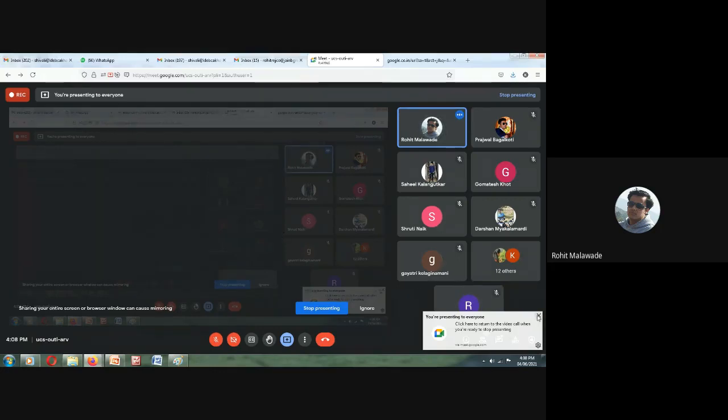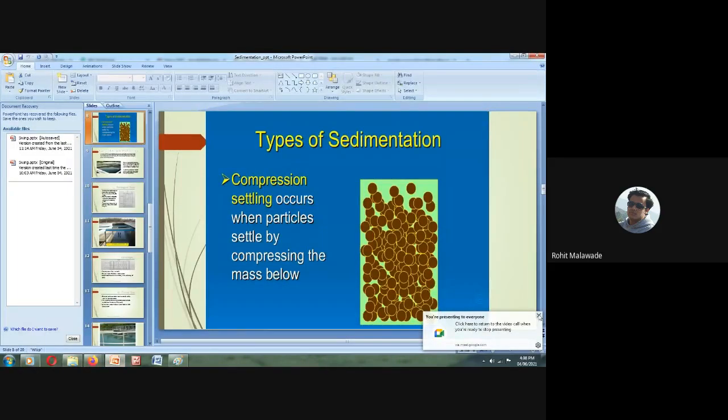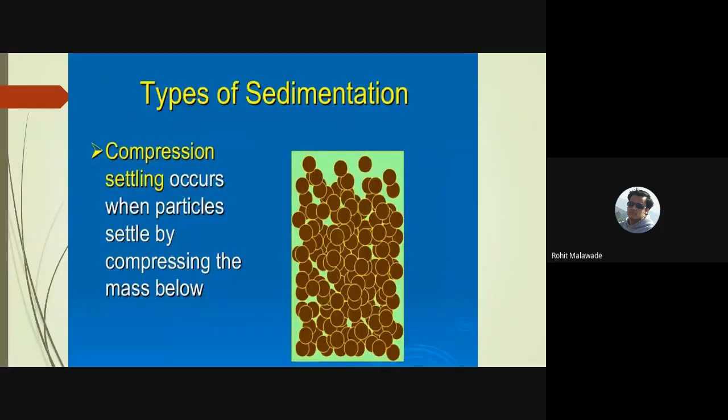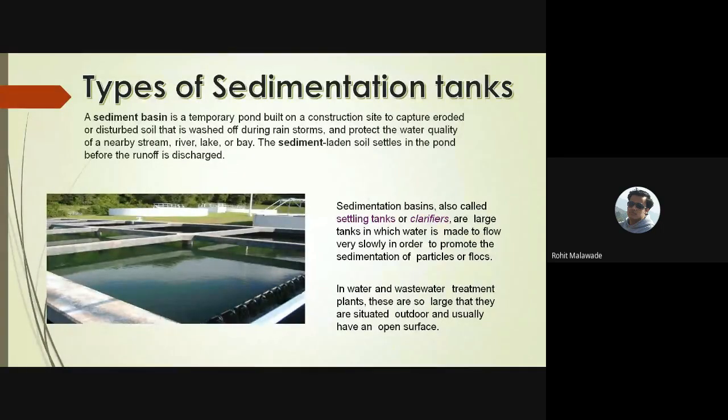Now in today's class we are going to discuss the types of sedimentation tank. The sedimentation tank is divided into different types, according to the shape and according to the flow.